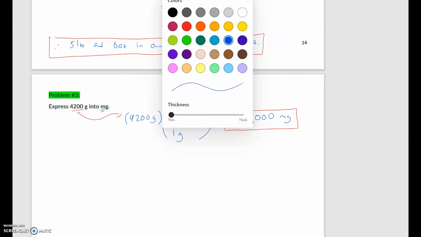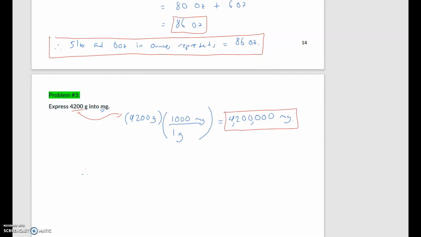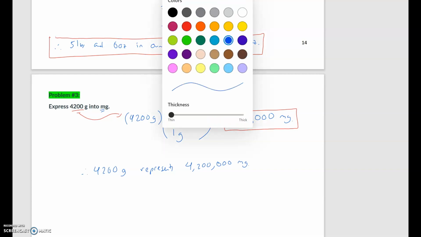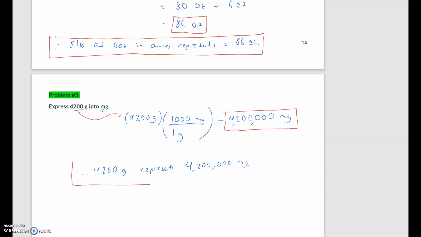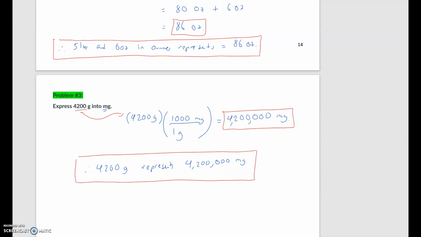So in this case, let me just rewrite it as 4,200 grams represents 4,200,000 milligrams. Okay, that's actually it for this one. The numbers are not that great, but that's what they're asking us to do.